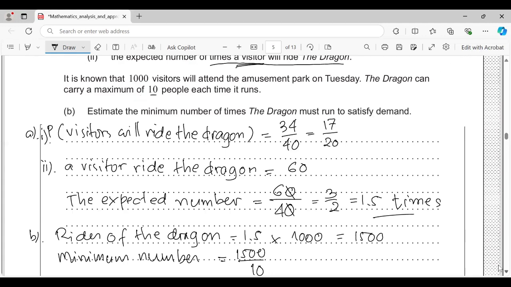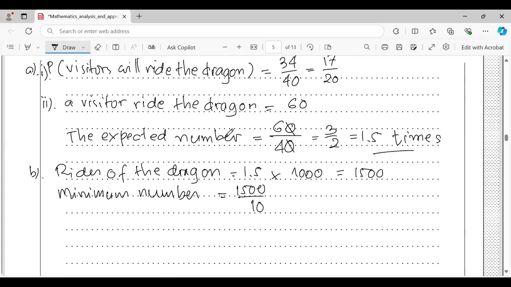So therefore, the calculation becomes 1,500 over 10, and if we divide, it becomes 150.